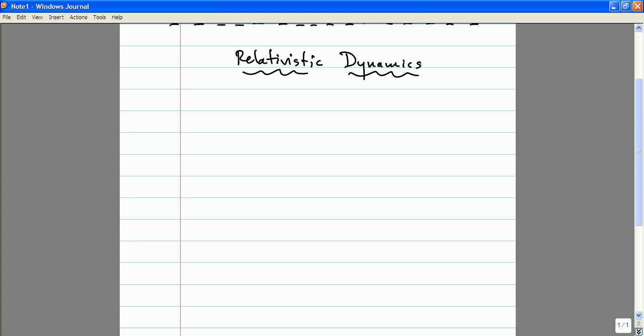So let's start then by a discussion, or at least a reminder, of some of the basic principles of dynamics in Newtonian physics.